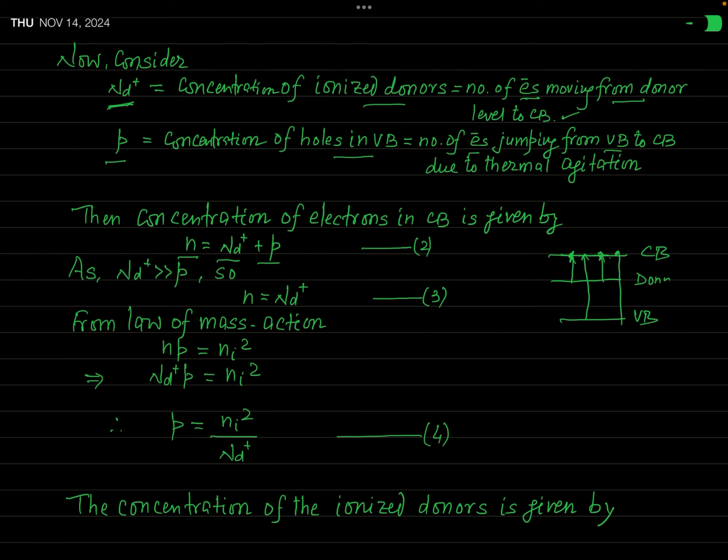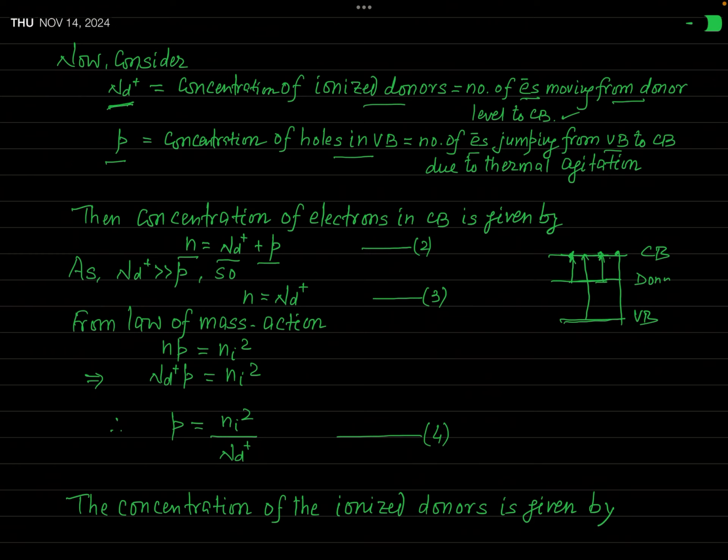But in an N-type semiconductor, most of the electrons in the conduction band are from the donor atoms. Only a few covalent bonds in the valence band are broken, and so the number of electrons from the valence band reaching the conduction band is very few. On the other hand, a large number of electrons move from the donor level to the conduction band.